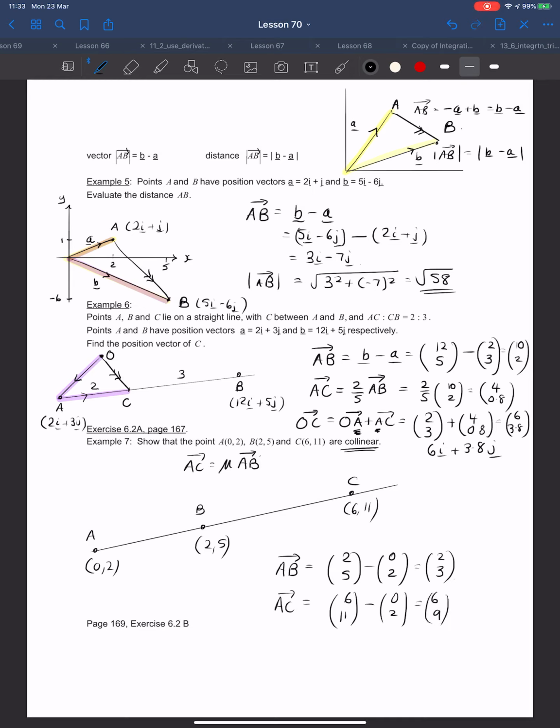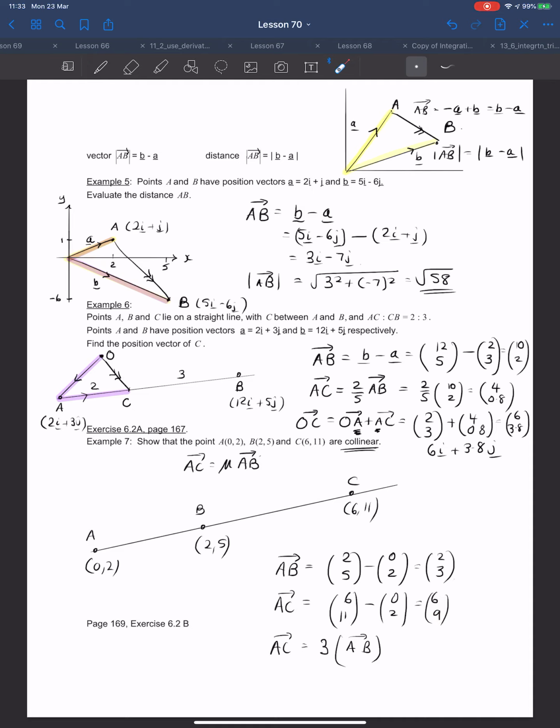I sometimes do that as a fraction. It's definitely a vector. Okay, so can you see that A to C is 3 times A to B? Look, 3 times 2 is 6, 3 times 3 is 9.